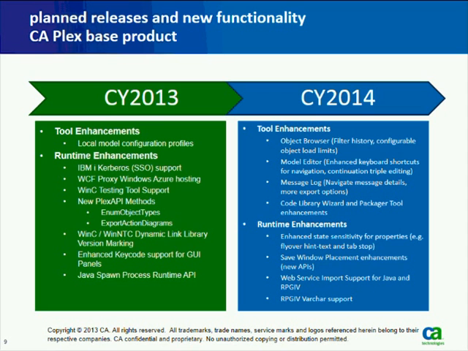Number one, really, with the bullet on the tool side, was the local model configuration profiles. So that's the idea of being able to take your variants, your language, and your level and versions that you've set for all of your host model and all of your attached libraries, and being able to create a snapshot of that, which will probably be stored with a group model so that other developers actually have access to those configurations as well, and so that they can just be recalled by selecting a drop-down.